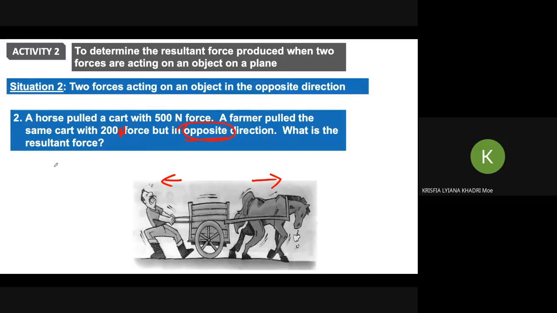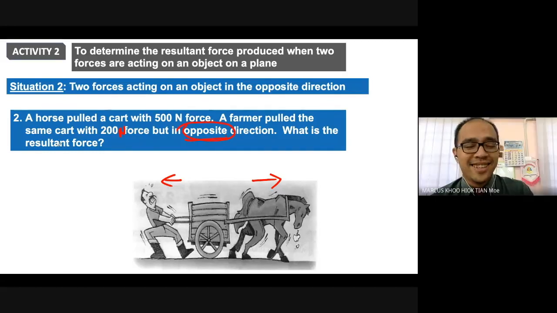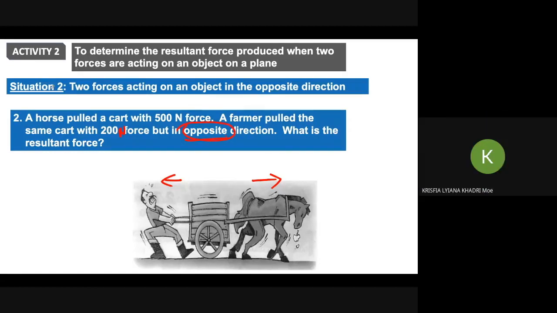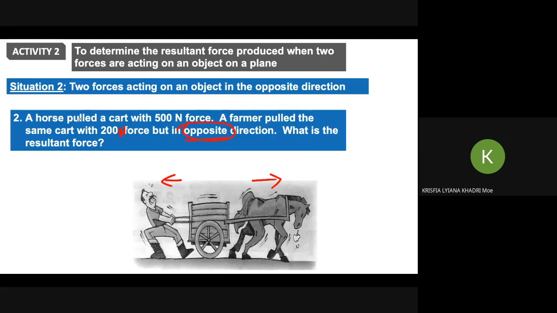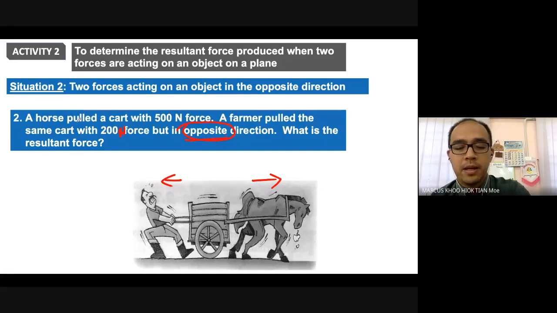Sekejap. Calculator. 300 Newton. Okay. And the direction of the resultant force? To the right. To the right. Okay.